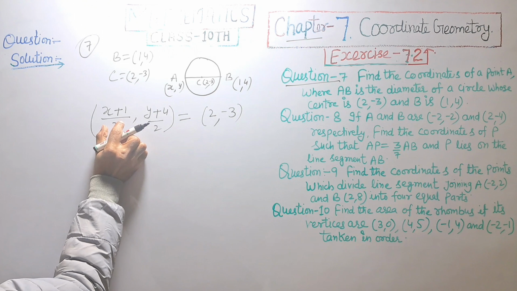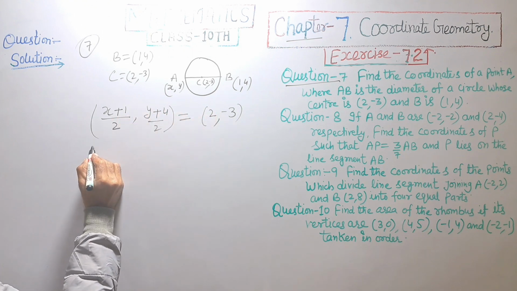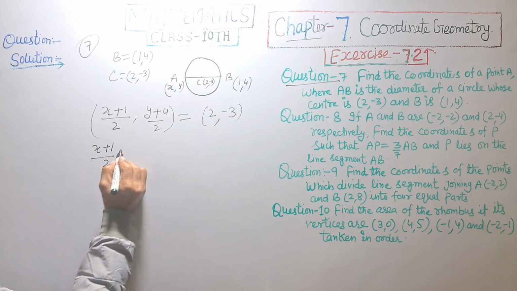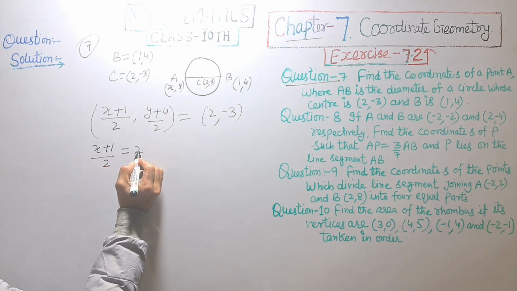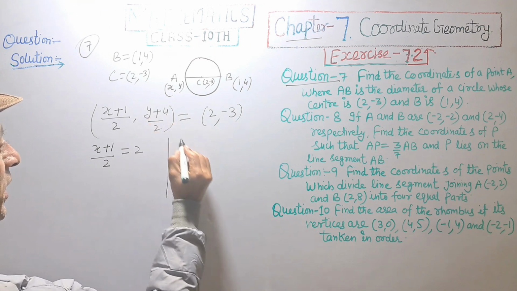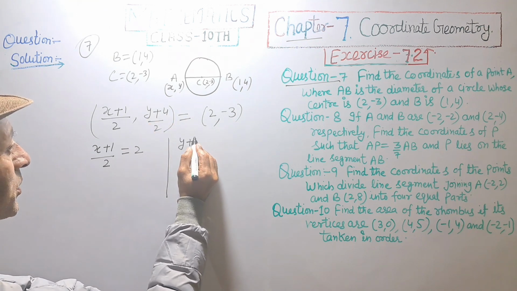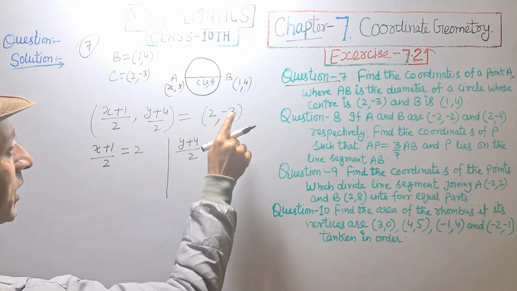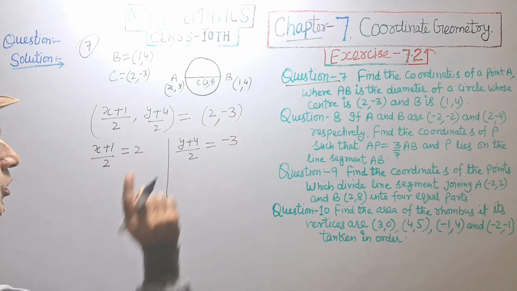The first point is equal to 2, so (x + 1)/2 is equal to 2, and the second point (y + 4)/2 is equal to -3.